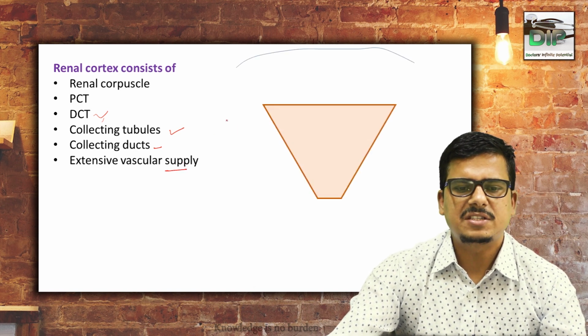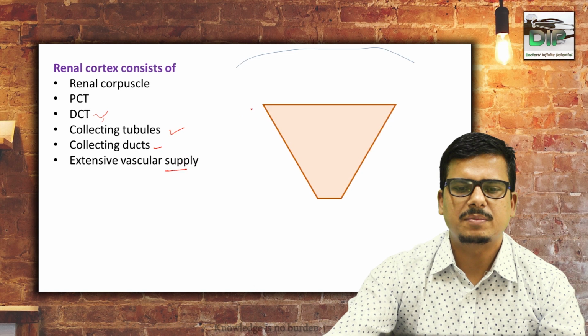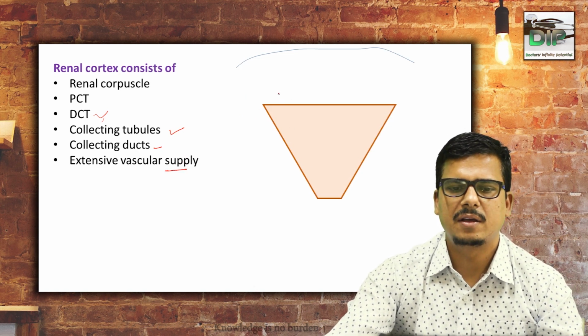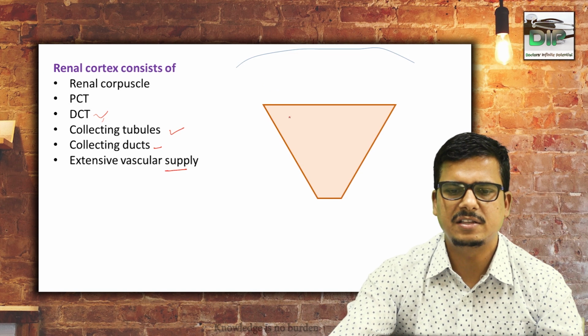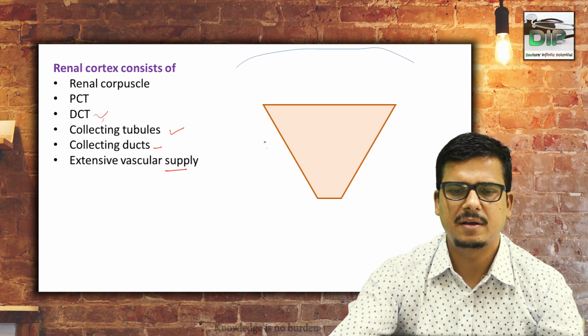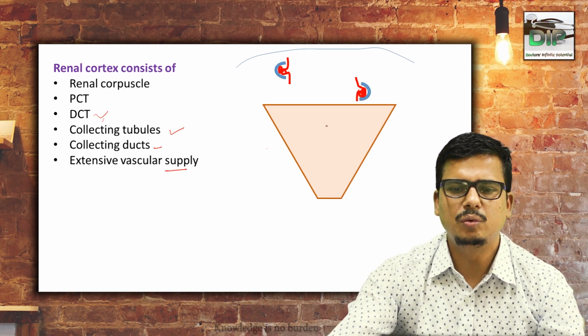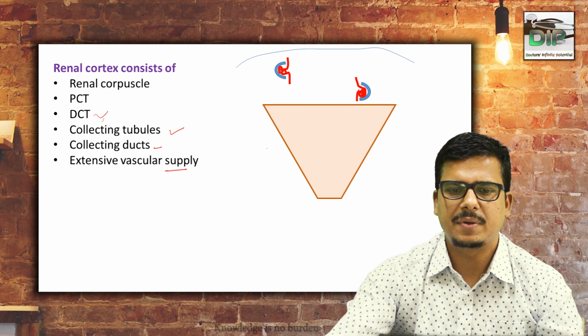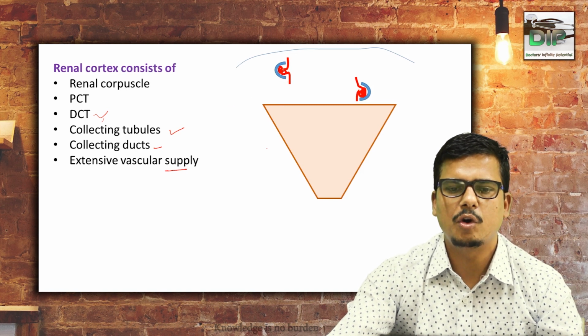In this diagram, let's see what components of the nephron lie in the cortex and in the medulla. This part is the cortex and this pyramidal region is the medulla. Let's put two renal corpuscles here. The renal corpuscle means Bowman's capsule plus glomerulocapillaries. This is the afferent arteriole divided into glomerular capillaries, and this is the efferent arteriole.